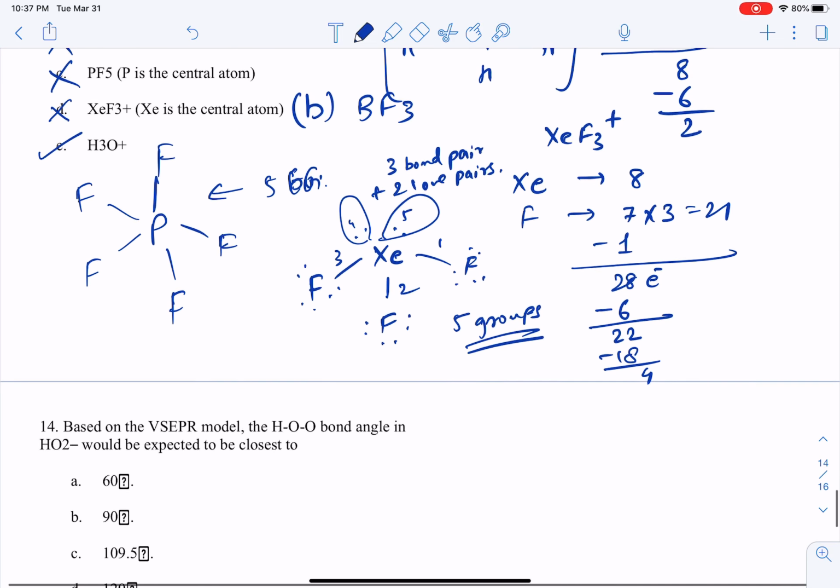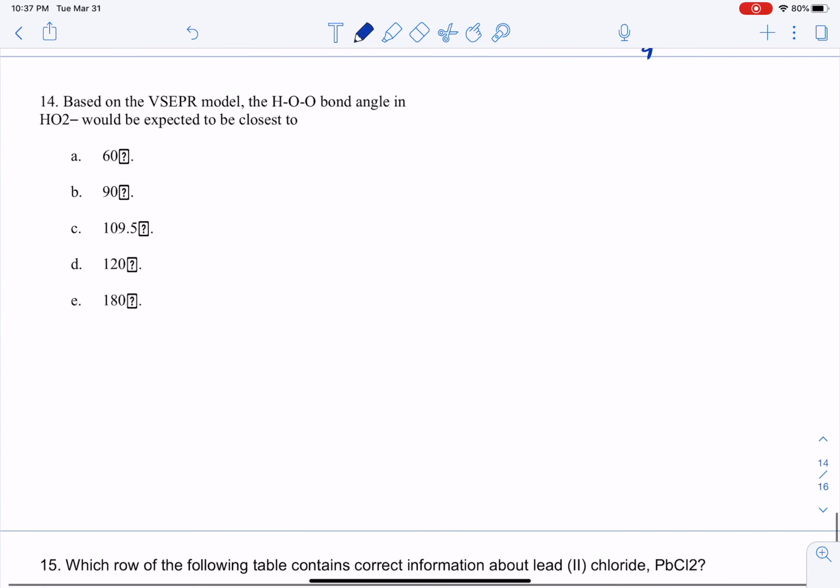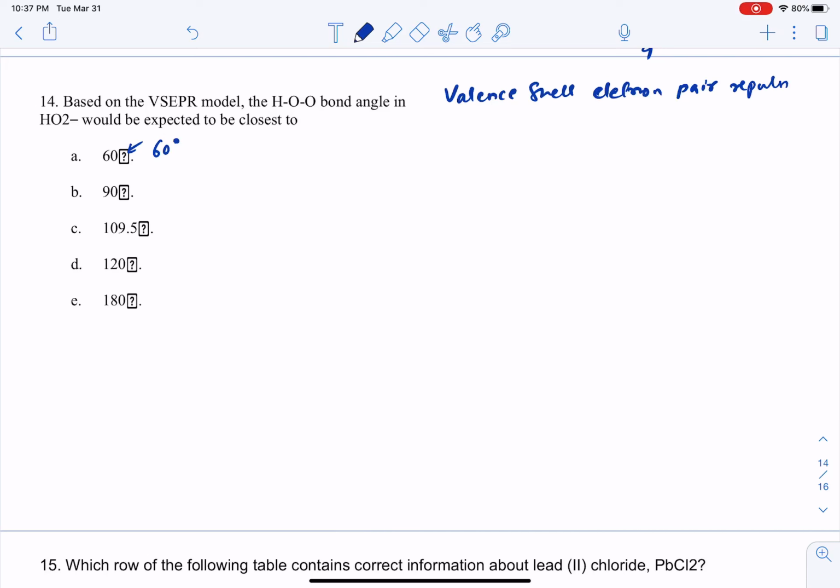Now moving to the 14th, based on, okay, so here this sign indirectly represents a degree, so it's 60 degrees. It's just a problem with the software. So based on the VSEPR model, I already stated that it's valence shell electron pair repulsion. So what is asked is, based on this, the HOO bond angle in HO2 minus would be expected to be closest to which of these.